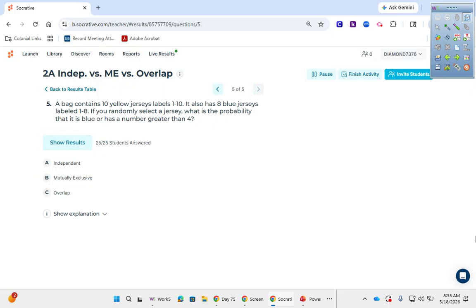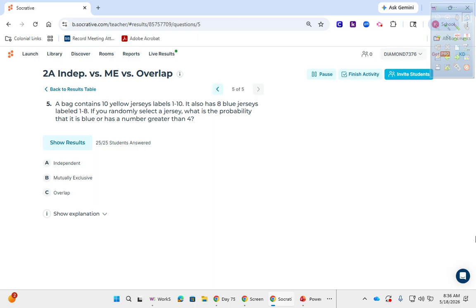All right. And then a bag contains jerseys. If you randomly select a jersey, how many jerseys are you picking? 1. It can't be independent. I'm only picking 1. So now let me think about these 2. What's the probability that it's blue or has a number greater than 4? Are there any jerseys that are blue with numbers greater than 4? That's my question. If the answer is yes, then it's overlap.